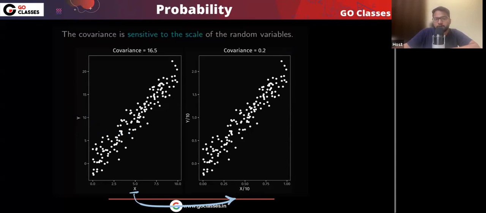Is this okay to everyone? So if we change the scale, then covariance changes, which means the covariance number doesn't say anything.